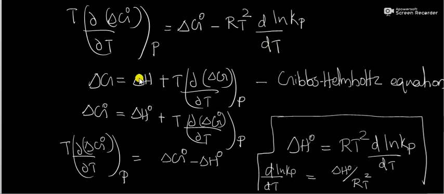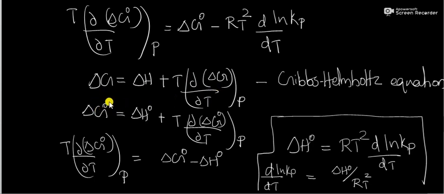And we know Gibbs-Helmholtz equation, that is delta G is equal to delta H plus T into dou by dou T of delta G at constant pressure.